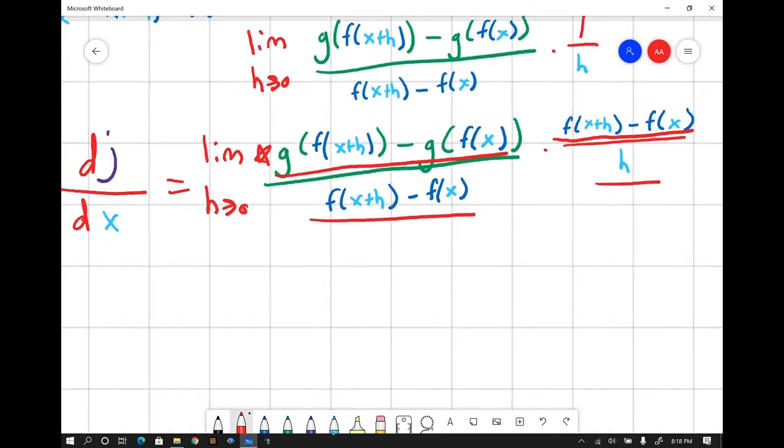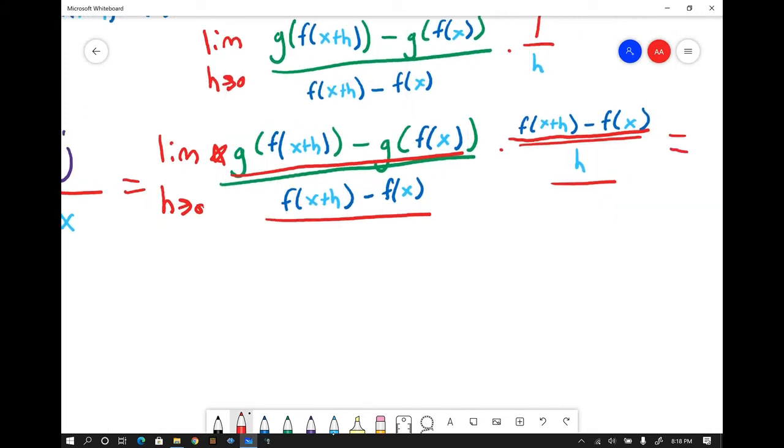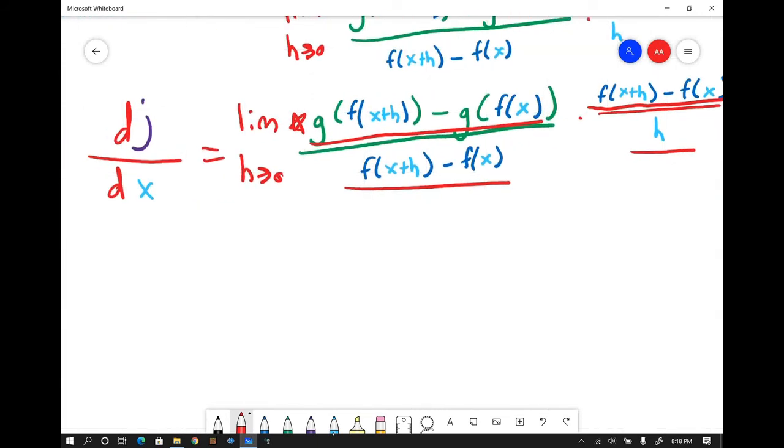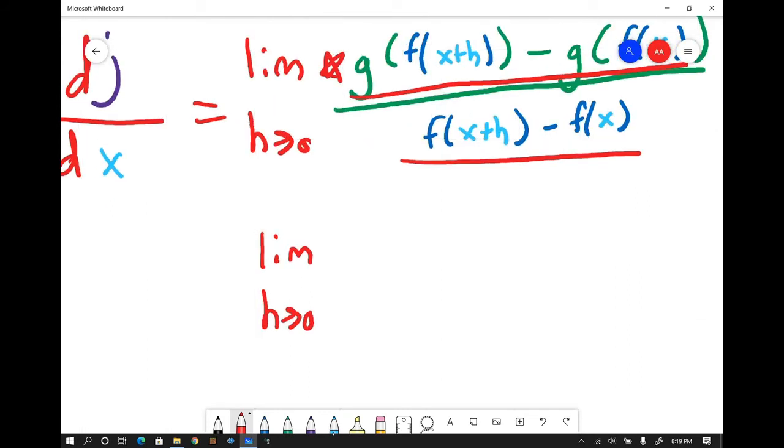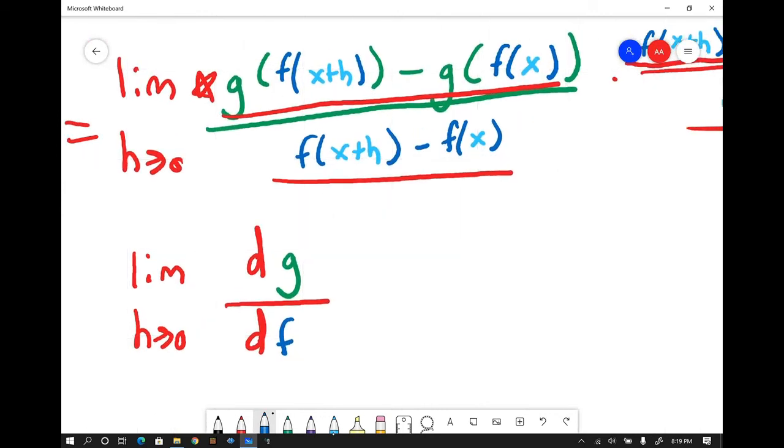So we'll have dj over dx is equal to the limit as h goes to 0 of, well, the derivative of g of f of x we wrote before as dg over df. We're saying that it's the change in our output, g of f of x, divided by the change in our input, which is f of x.